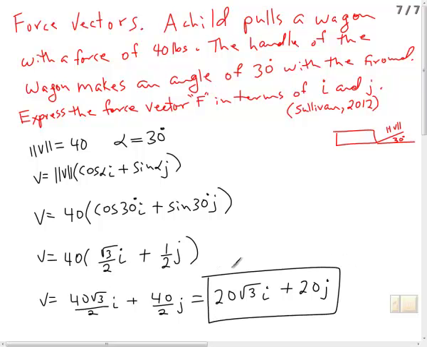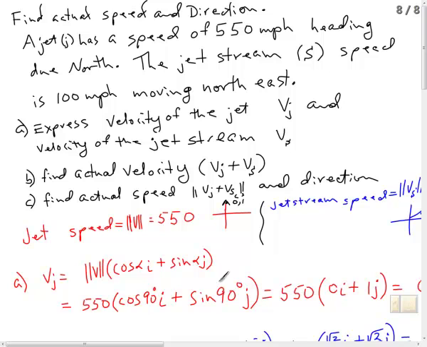And that's our vector. Okay, here we have a problem where we want to find the actual speed and direction of a jet. And we'll symbolize that with a j. It has a speed of 515 miles per hour, heading due north. The jet stream, we'll symbolize that with an s.